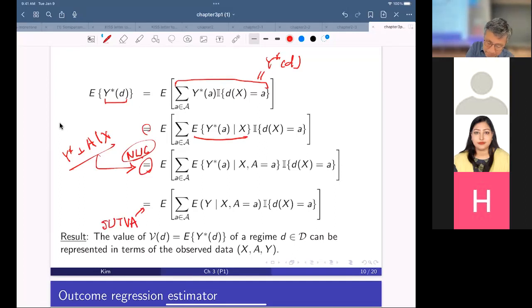Basically, if you write it as a sum, okay, for now let's use one, I equal to 1 plus.